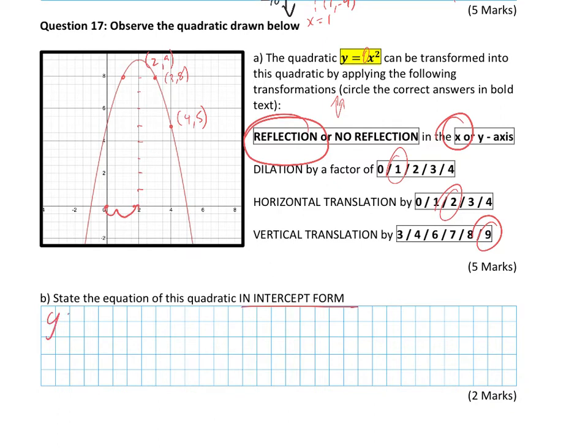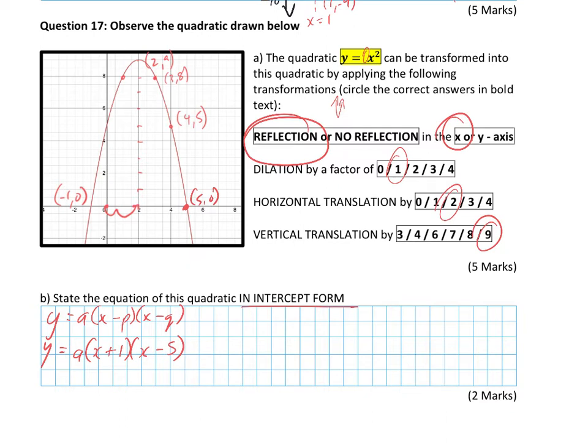So intercept form is y is equal to a(x - p)(x - q). We know the intercepts are (5, 0) and (-1, 0). So it's going to be a(x + 1)(x - 5).